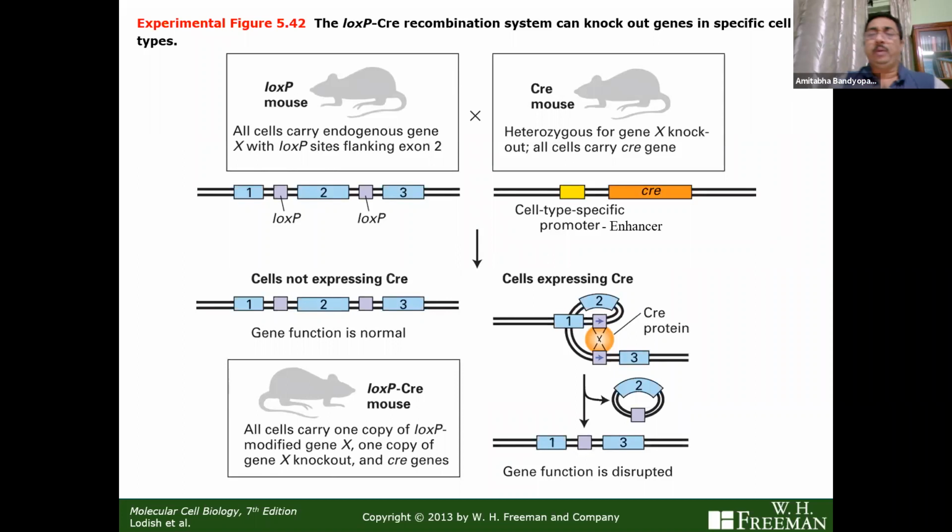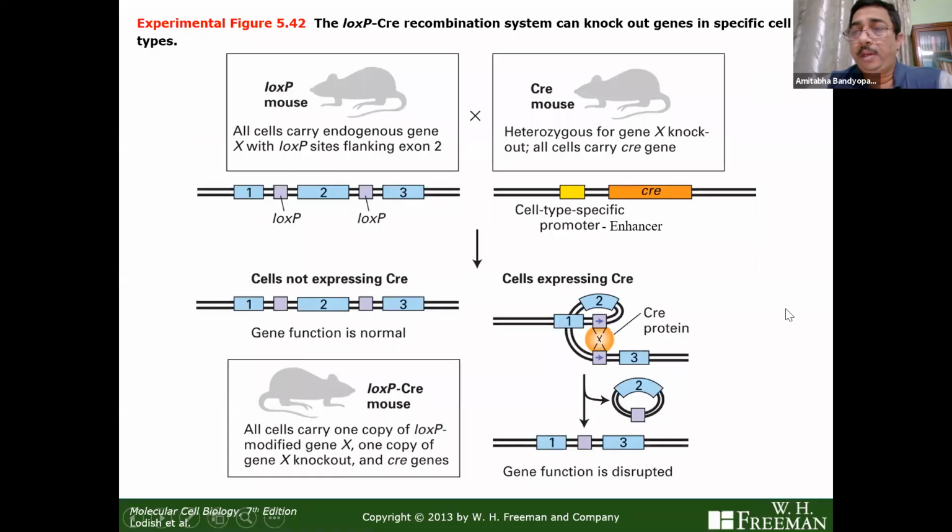I am giving you an example of a specific case. In this case, it is a Cre-LoxP mediated knockout system. So this is called the Cre-LoxP mediated conditional knockout system, where Cre is an enzyme.